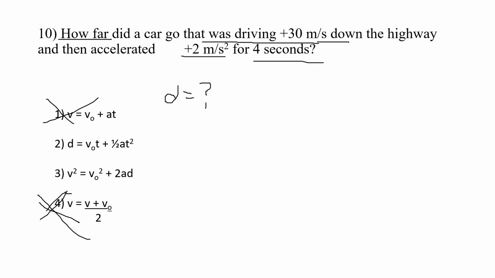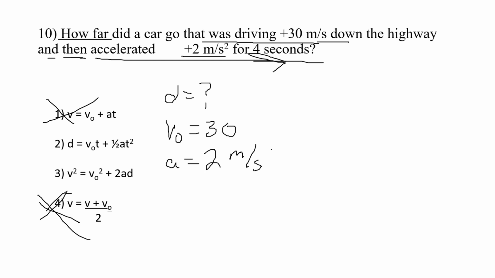It was driving down the highway, and this is the after part, which means this is the before part, so this is the v naught. A is 2, t is 4. That's a square, not a 3.